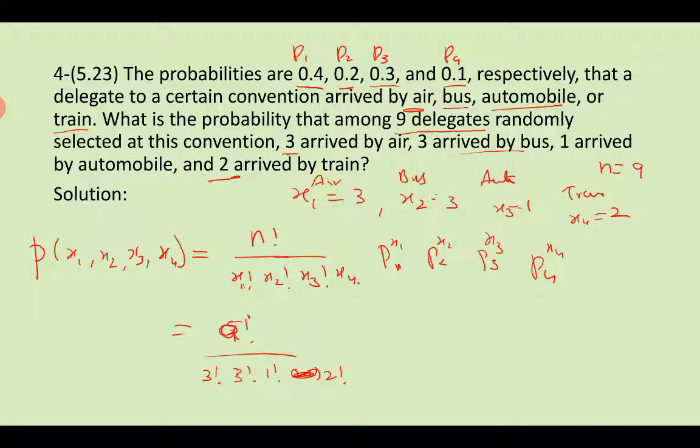Now probability 1 is 0.4 to the power 3, probability 2 is 0.2 to the power 3, the third probability is 0.3 to the power x3, which is 1, and 0.1 is the last probability to the power 2. Use calculator. 9 factorial, you have to find 9 into 8 into 7 into 6 into 5 and so on up to 1, isn't it? Just calculate on the calculator, and the answer is 0.0077.